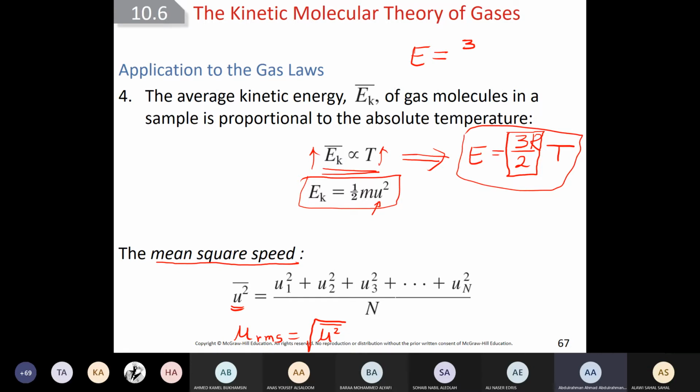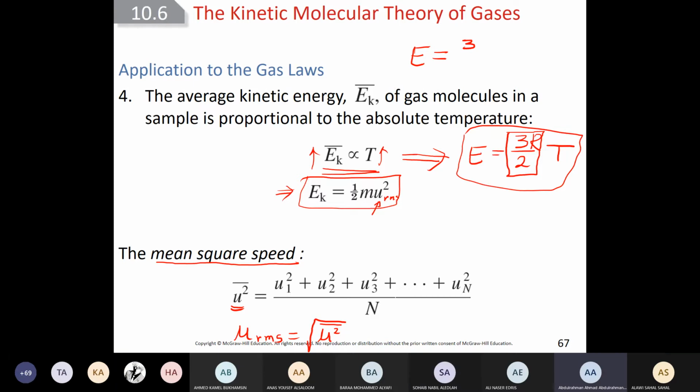That's what we're going to use in this equation, URMS. Is this clear? Now, I want you to tell me, as I said, this energy is for how many molecules? One molecule. Can we make it for a mole?